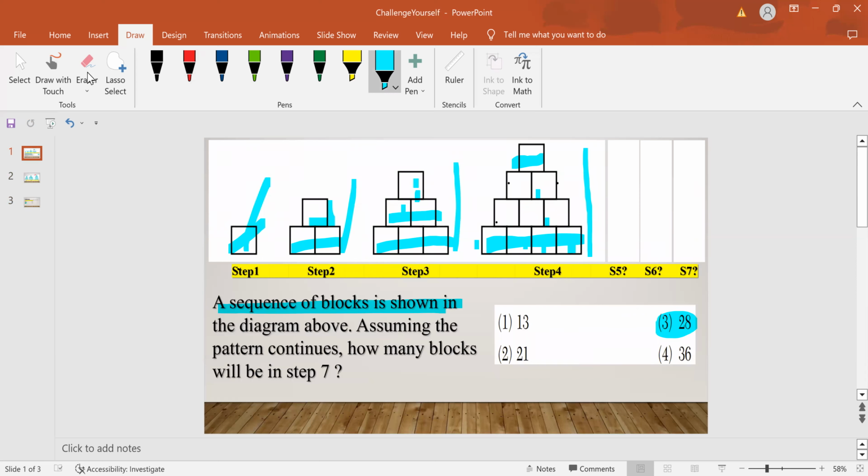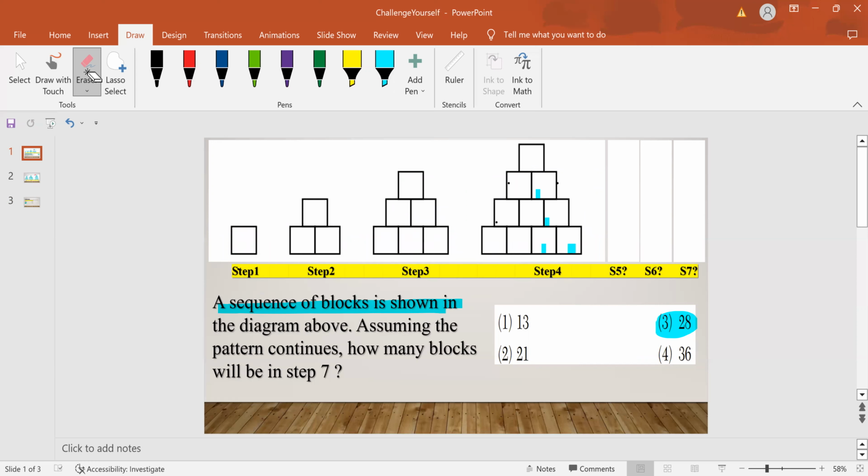If we come back to the beginning, they start here with 1 at step 1. For step 2, what you need to do is add 2 to the previous one. So here we have a 1. Step 2, you add 2 to the previous step, which is 1 plus 2, gives you 3.